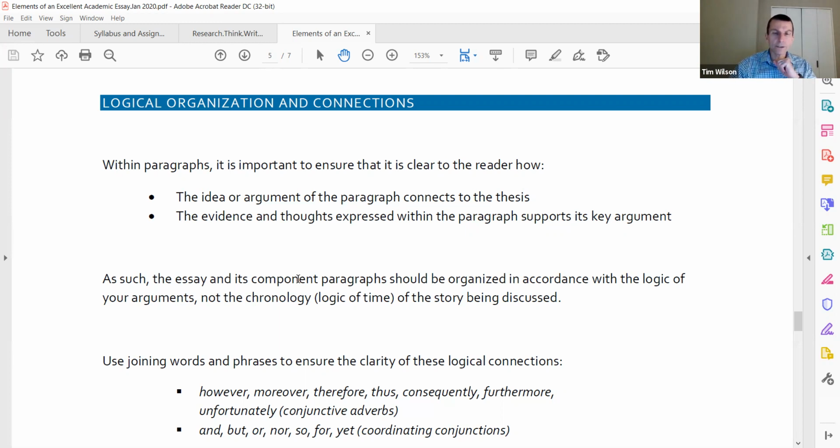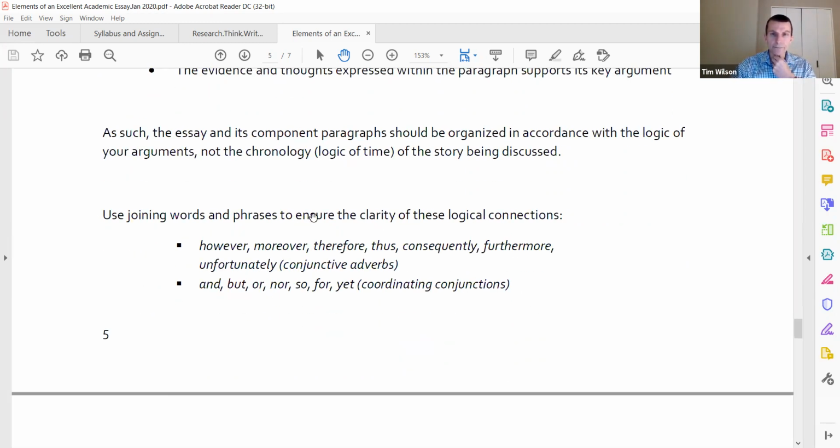I'll just take this point to underline that these conjunctive adverbs and coordinating conjunctions are very useful for showing in your prose the logical operation you're making between two statements. So do get acquainted with those, and there are many other tricks, but the ability to use those can help you draw the dotted line for the reader in terms of where your logic is heading.